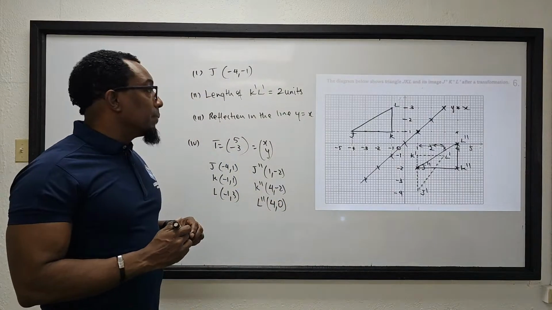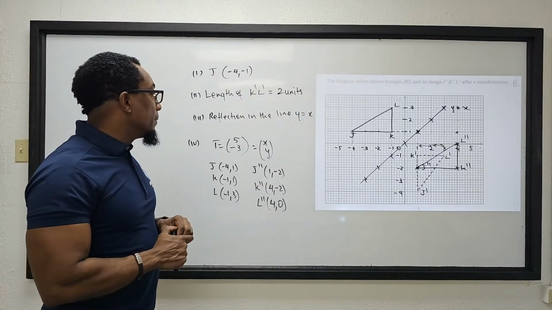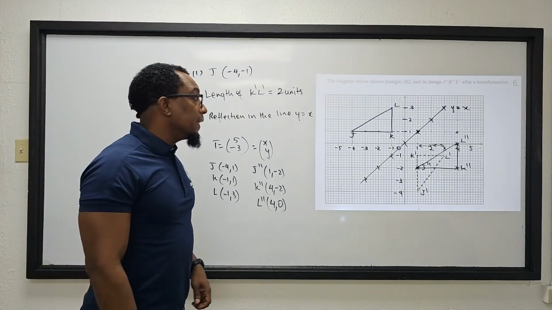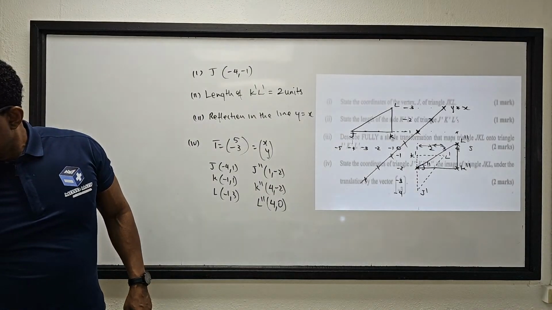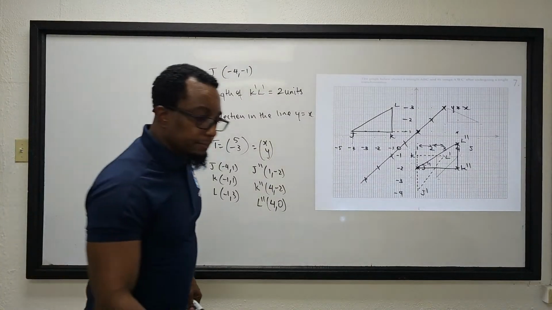So we have J double prime, K double prime, L double prime, which is the image of JKL under that translation.